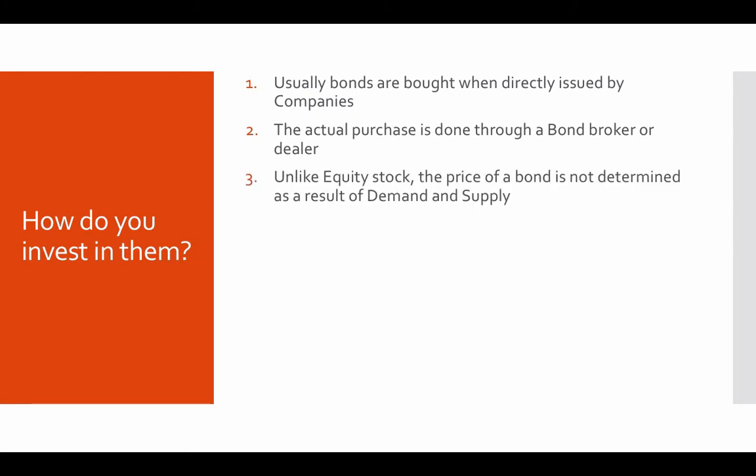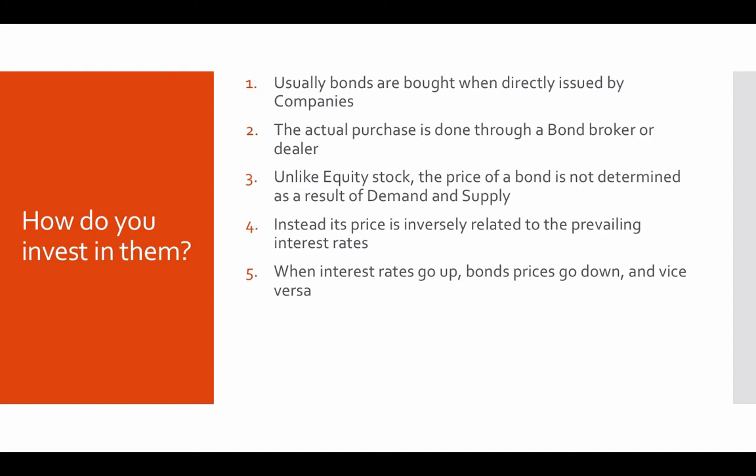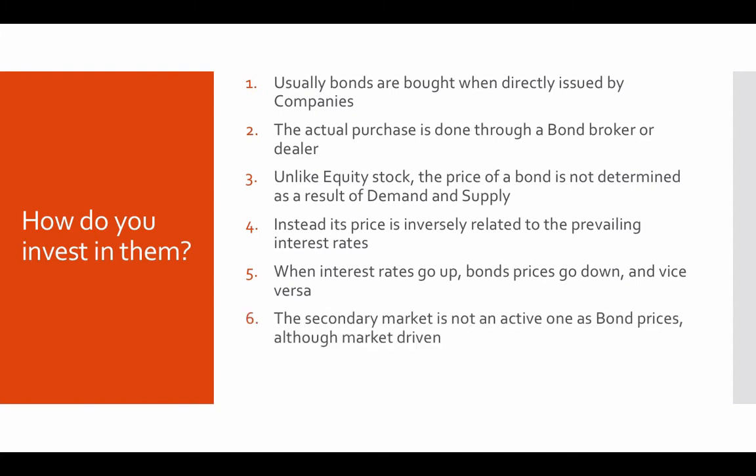Now, unlike equity stock, the price of a bond is not determined as a result of demand and supply. Instead, the prices are inversely related to the prevailing interest rates. So we've touched upon that. And again, when interest rates go up, bond prices go down, and vice versa.